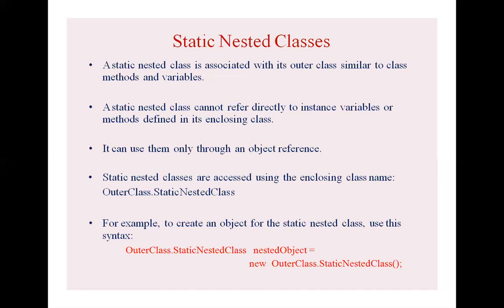Static nested classes are accessed using the enclosing class name: OuterClass.StaticNestedClass. For example, to create an object of the static nested class, we use this syntax: OuterClass.StaticNestedClass nestedObject = new OuterClass.StaticNestedClass(), where nestedObject is a reference variable.